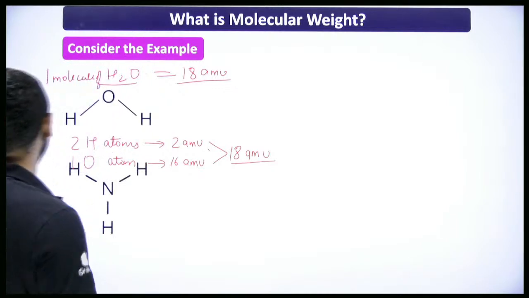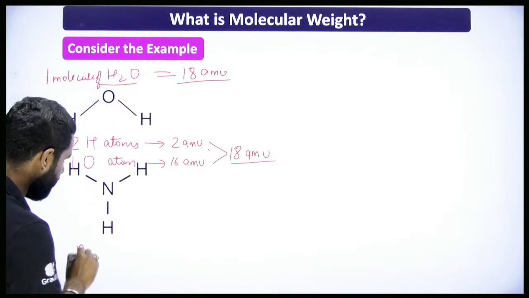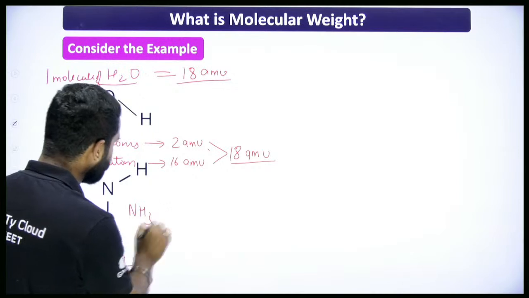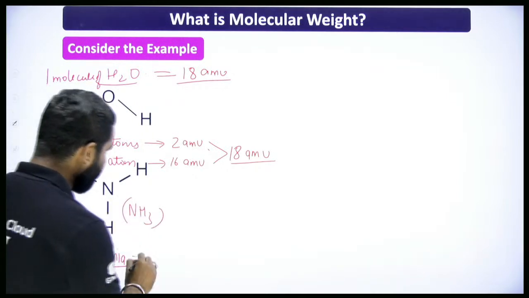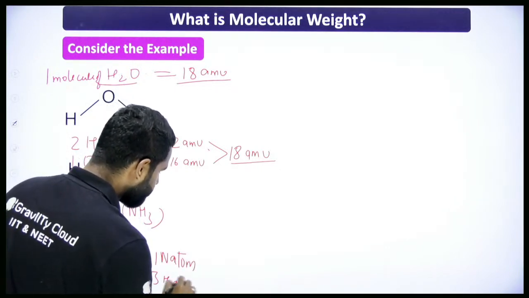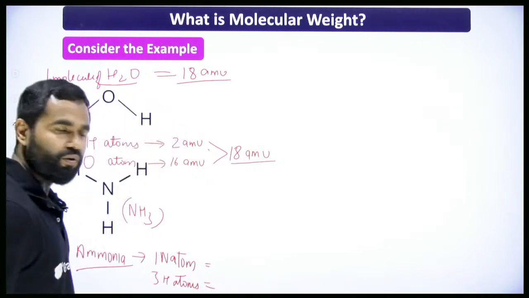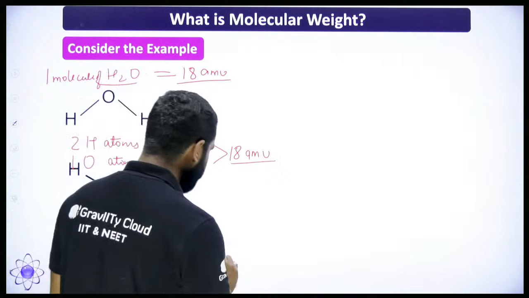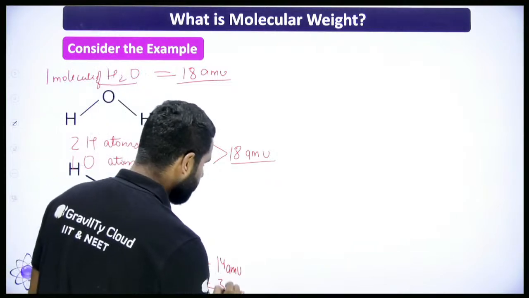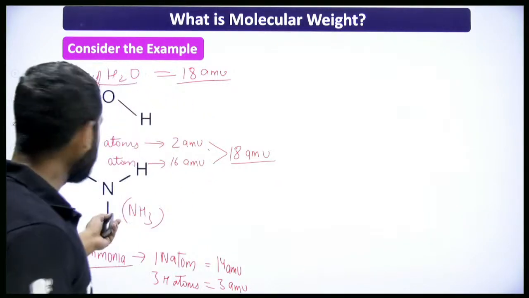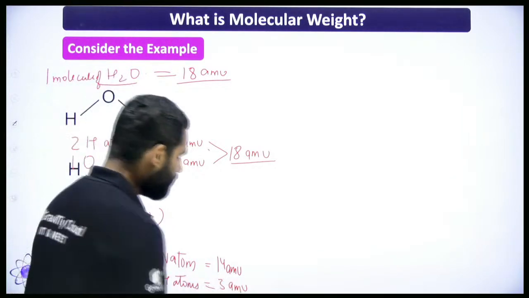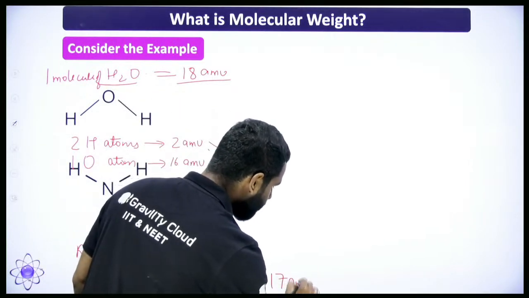Similarly, if I talk about ammonia, it has the formula NH3. It contains 1 nitrogen atom and 3 hydrogen atoms. 1 nitrogen atom has mass 14 AMU and 3 hydrogen atoms have mass 3 AMU. So the total mass will be 17 AMU.